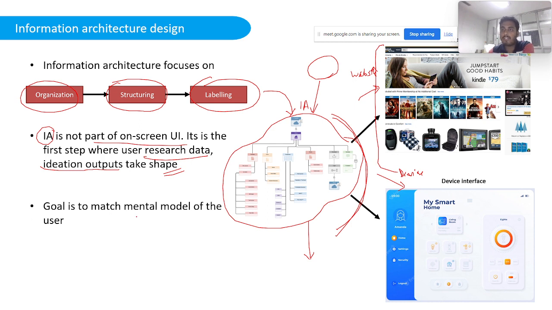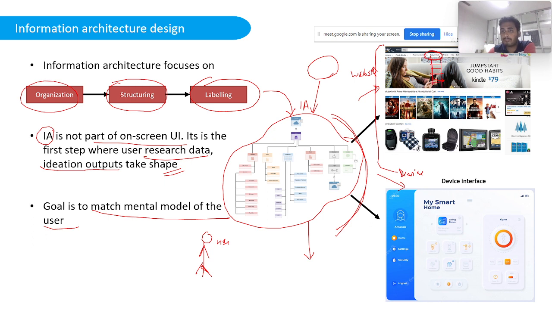So the goal of information architecture is to match the mental model of the user. I think you might remember what a conceptual model and a mental model are. So a user has a mental model of an interface, Okay, so how they will interact. For example, when someone designs a website and the user sees a particular tab, there is some sort of expectation from the user side about what may be underneath that particular button, that particular drop down menu.